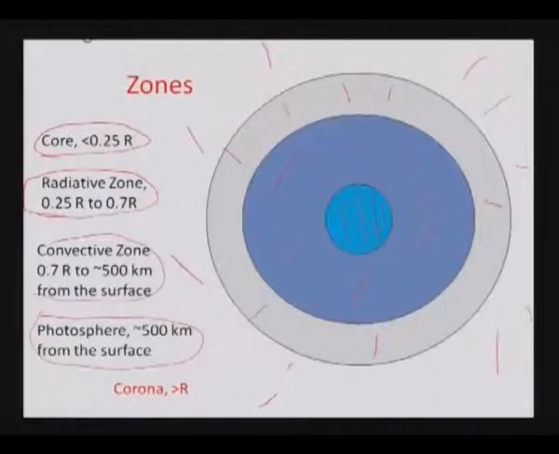That is why it is called the radiative zone. That happens up to 0.7 R. In the convective zone, it is convection. Convection, you are all familiar with, in school days you have learnt what convection is. When you put some water or some liquid on a stove, the lower portion gets heated, and that lower portion of the liquid rises up, and from the upper portions the colder mass comes down.